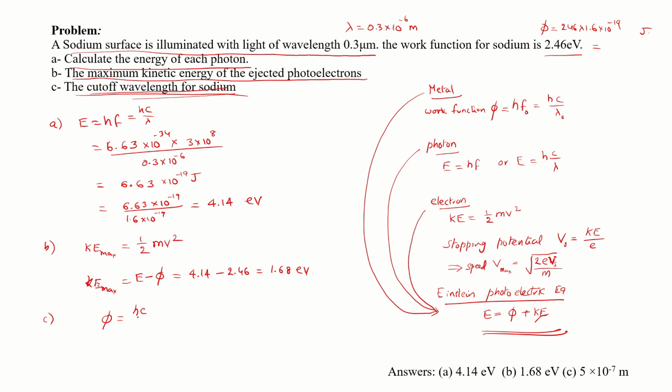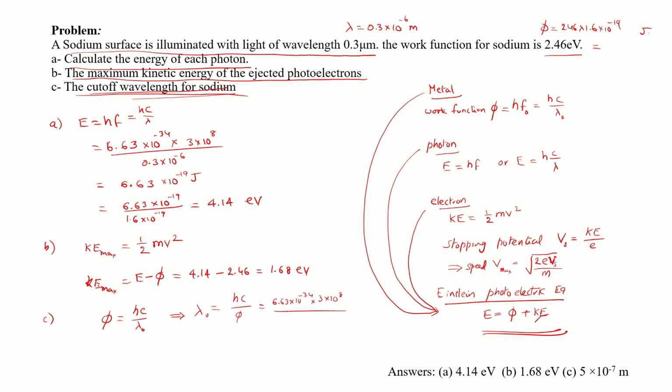So let's use hc by lambda naught. From this we can find lambda naught equal to hc by phi, which is h value 6.63 times 10 to the power of minus 34, times c, 3 times 10 to the power of 8, divided by the work function.